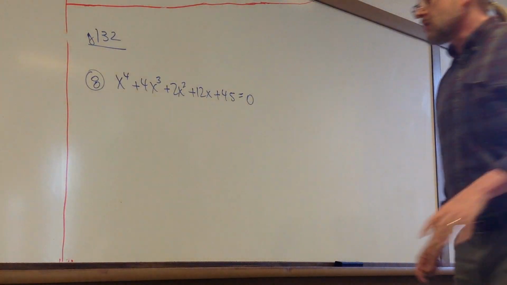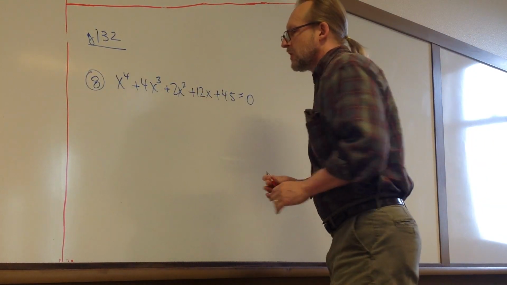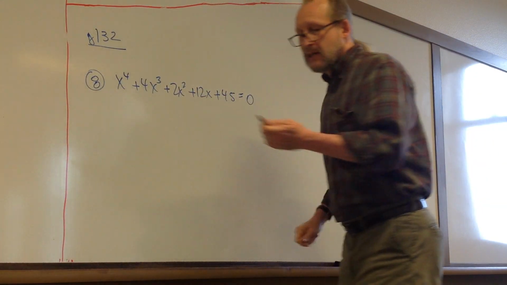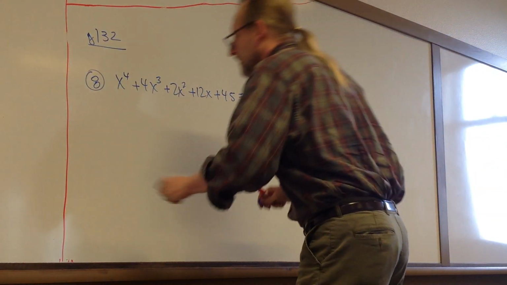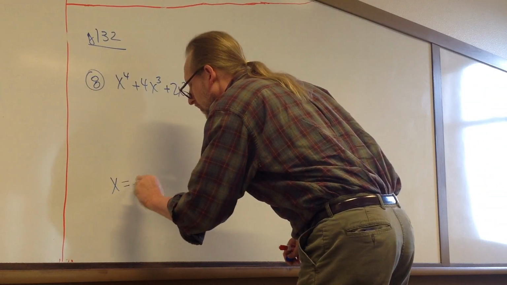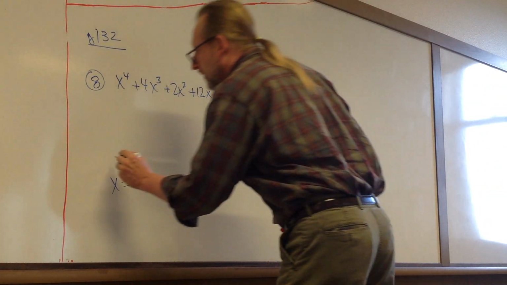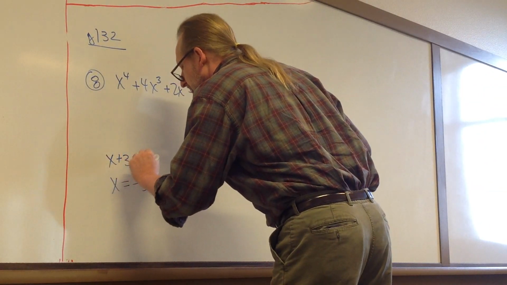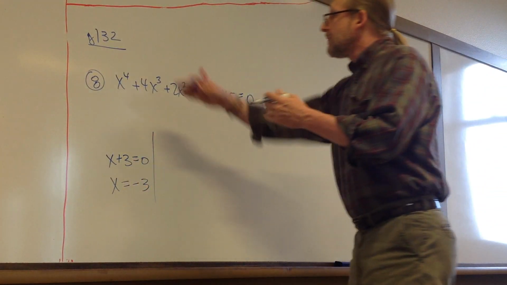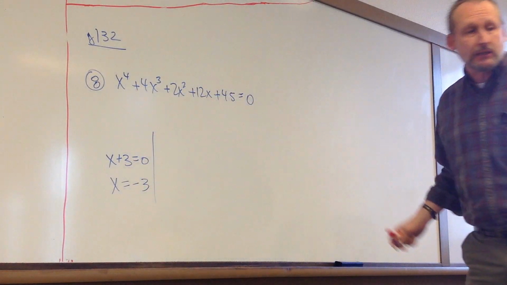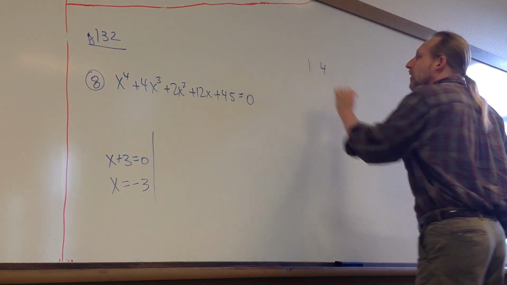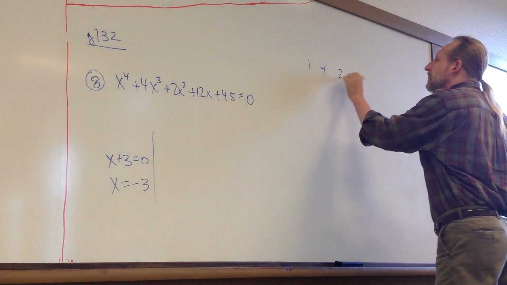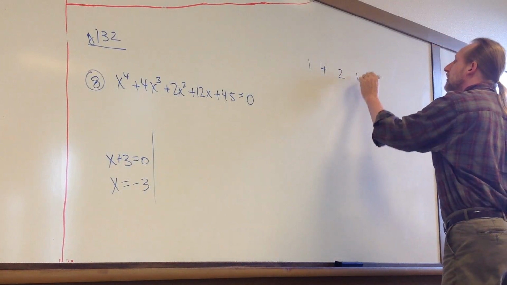The way that the graph comes down and touches and goes back up is a hint that this -3 is a repeated root. Now the real guarantee that it's a repeated root is if we divide it into this twice and get 0 remainders each time.